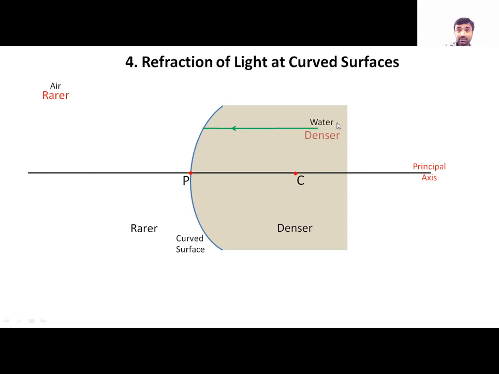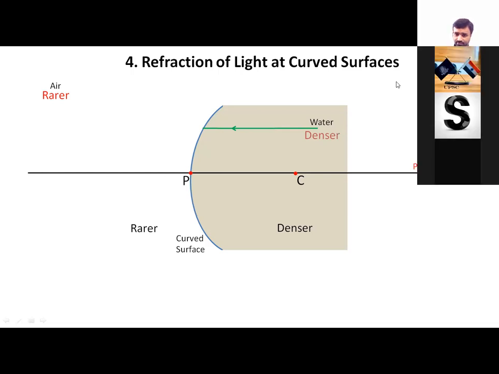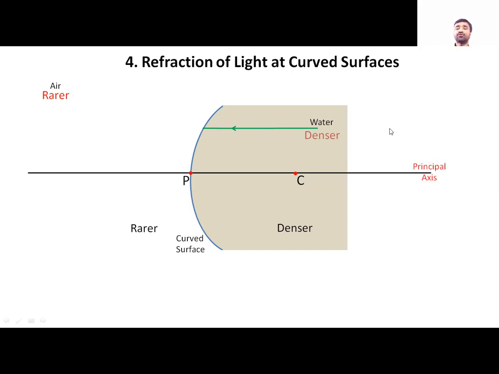So what changes do you notice here? It bends towards or away from the normal? Denser to rarer, towards or away? Answer me first. Away from the normal. Very good. Denser to rarer, away from the normal.